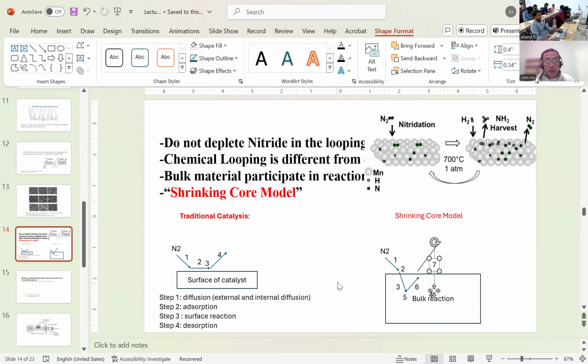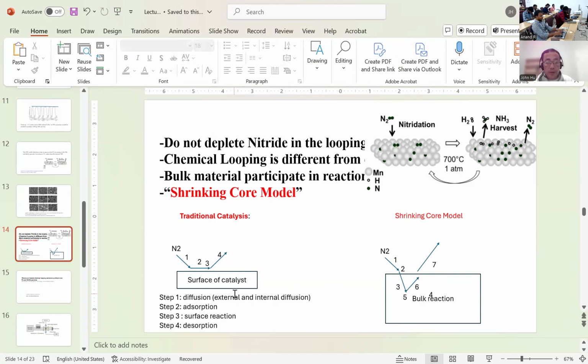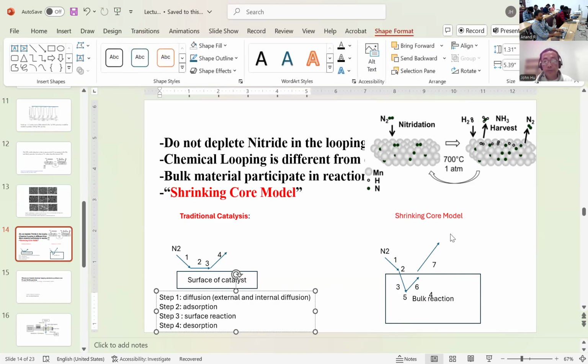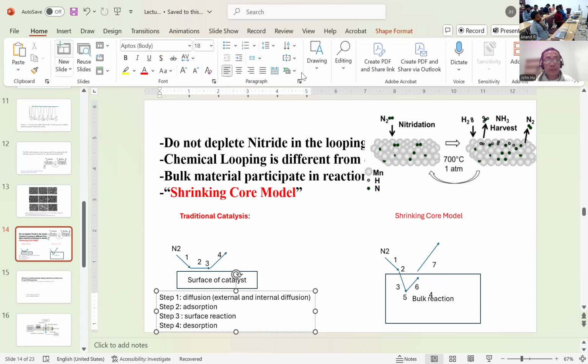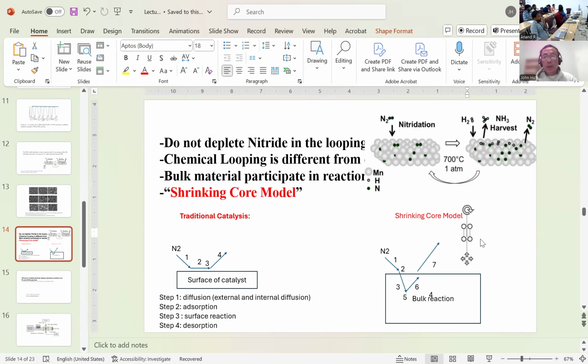Okay, step 1, it's the same thing. So step 1, I need to find a place to write this. Okay, let's begin. I'm gonna write ST1 means step 1. Okay, step 1, diffusion, external diffusion.